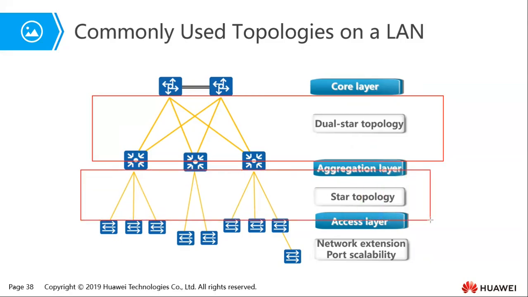Between aggregation and access layer, we use the star topology. The main advantage of using the hierarchical layer is network extension and port scalability. As I said, you can actually extend your network also like this, but it is not recommended.